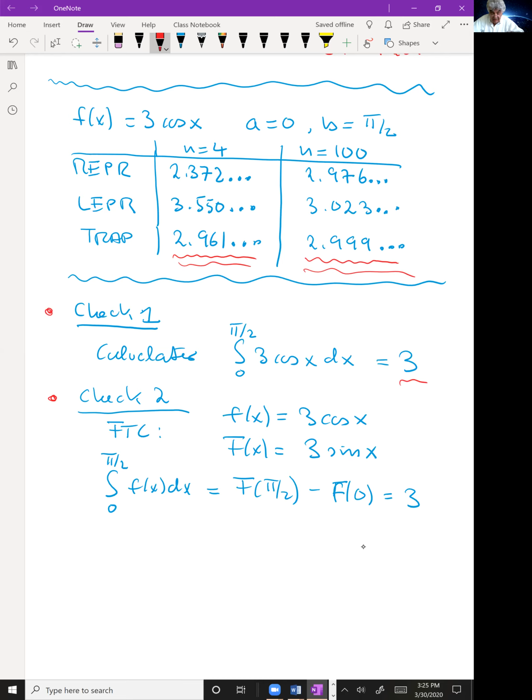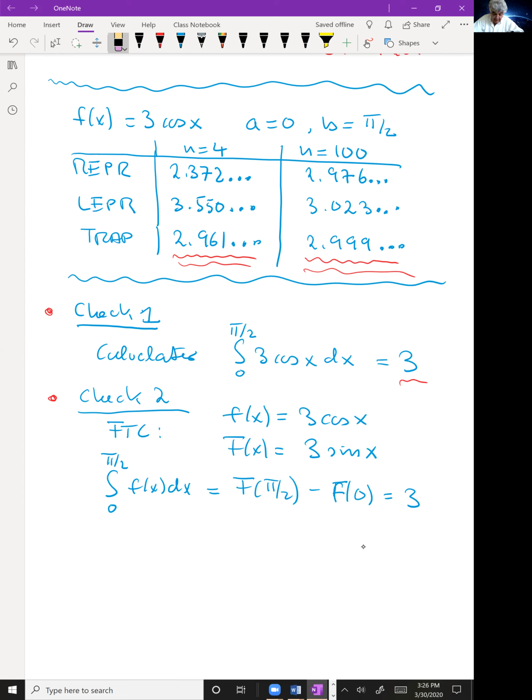The second check, which we cover in the next section, is the fundamental theorem of calculus, which says if you have a function, in our case 3 cosine x, you compute an antiderivative. In our case, an antiderivative of cosine is the sine, so it's 3 sine x. You could add a constant here, but since I can take any constant, I may as well take the constant equal to 0.